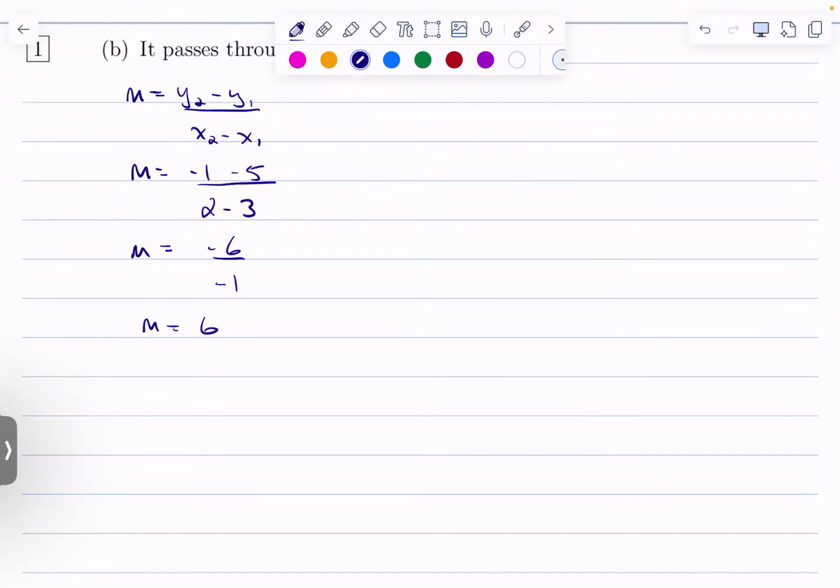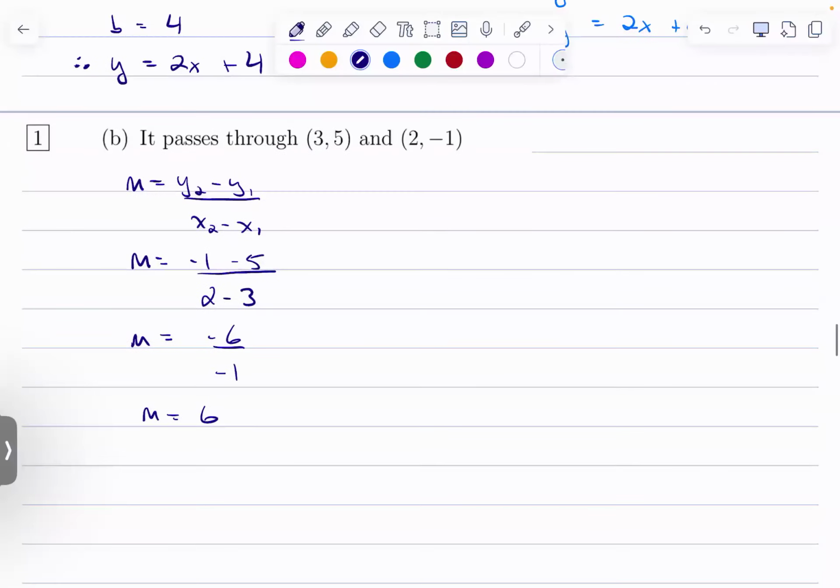I have a slope of 6. And just so it doesn't take up a huge page here, in y equals mx plus b, I have y equals 6x plus b. You'll stop me if I do something weird in my slope, right? It's gonna haunt me.